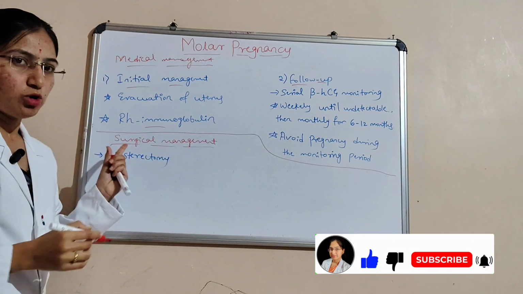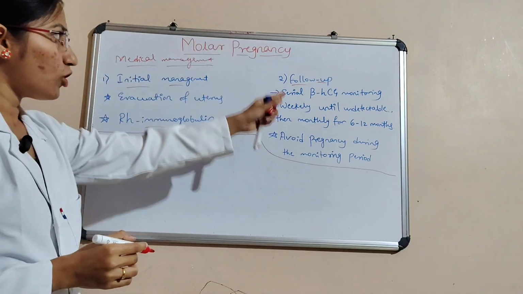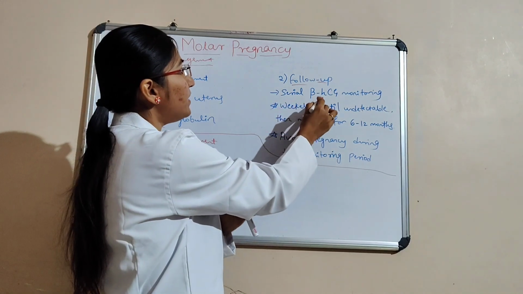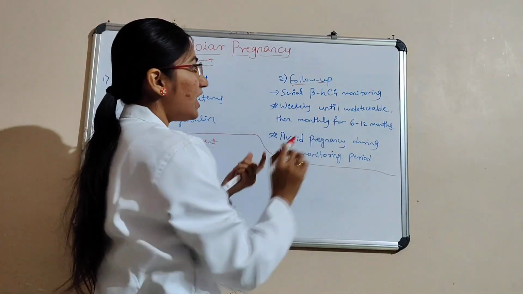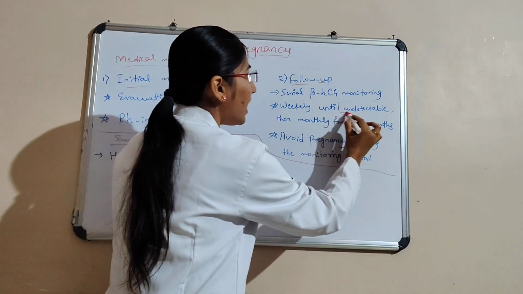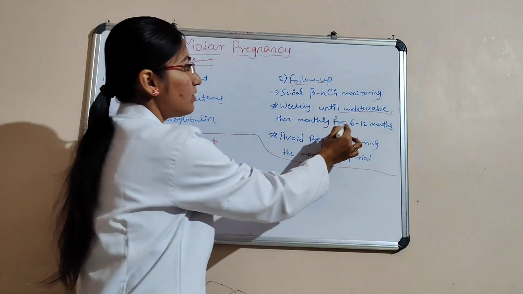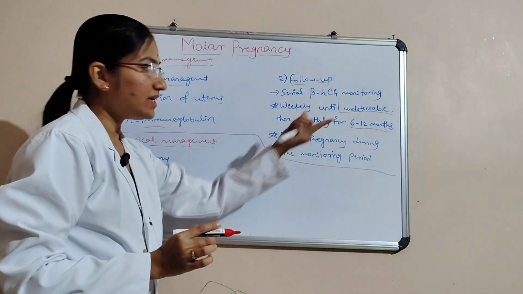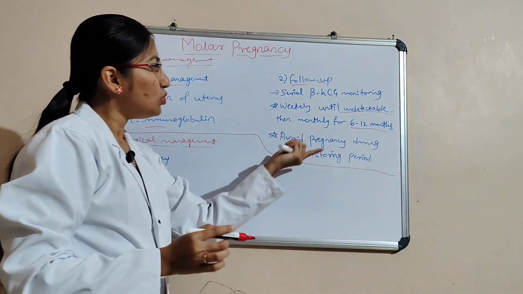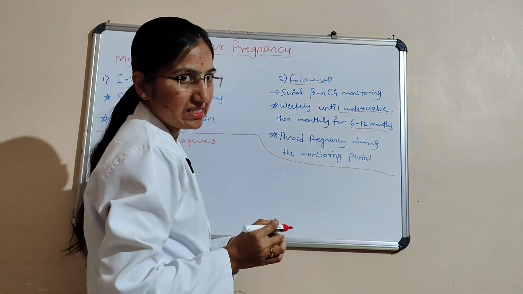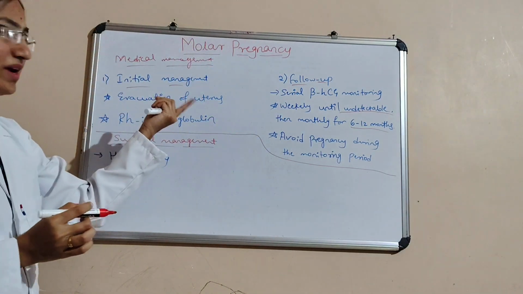Next comes the follow-up: serial beta HCG monitoring, weekly until undetectable, then monthly for 6 to 12 months. And during this period, avoid pregnancy. This is the medical management.